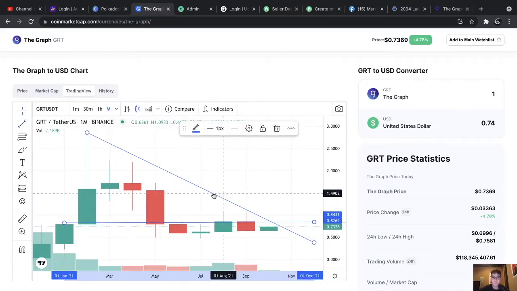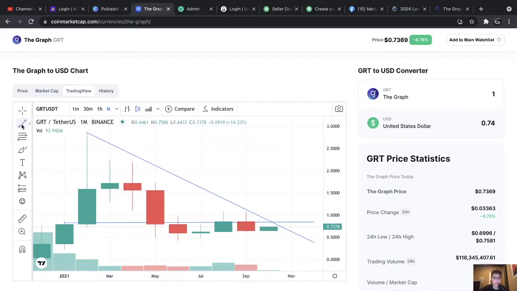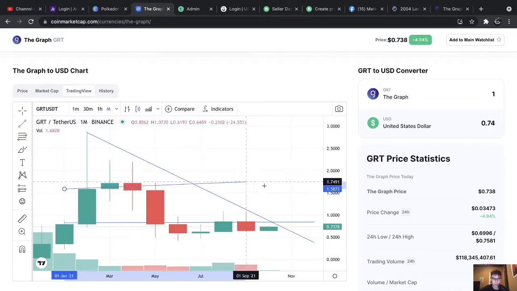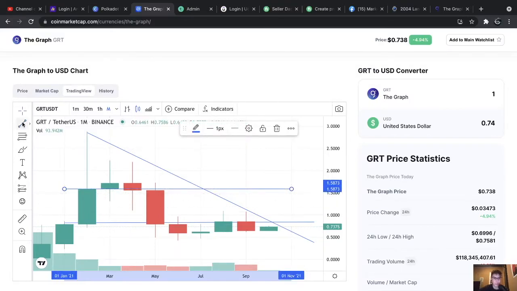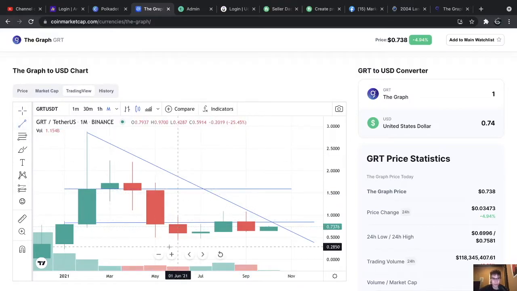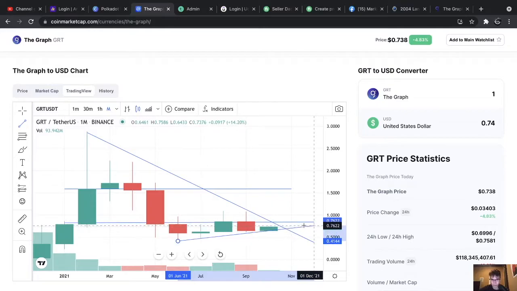Nice. And then resistance. Bada pop. An uptrend pattern is what we also need. Not a good uptrend pattern, I'm just gonna say that.